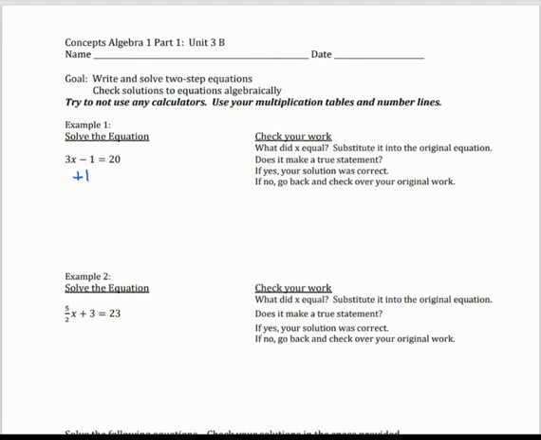And if I add it to the left-hand side, remember sometimes I put a little imaginary dotted line on my equals, I have to add it to the right-hand side. On the left-hand side, those ones will cancel, so I'm left with 3x equals, and on the right-hand side, 20 plus 1 is 21.